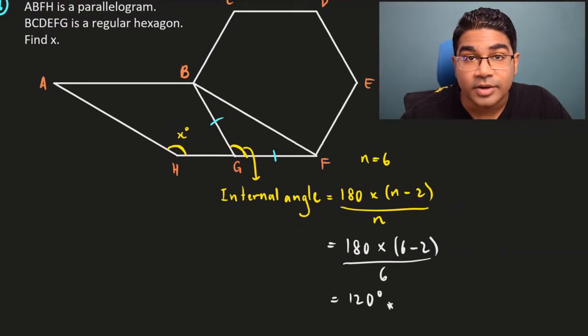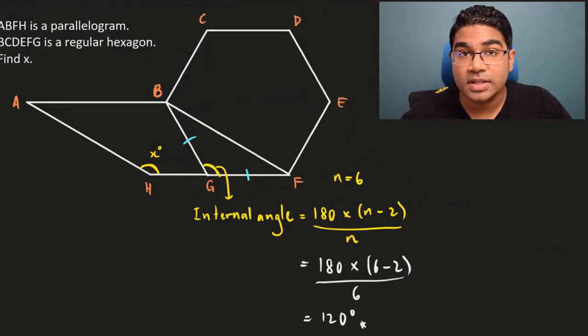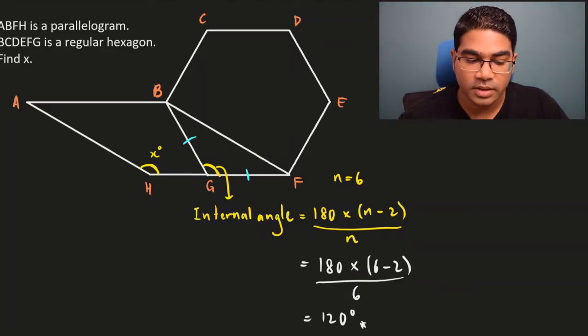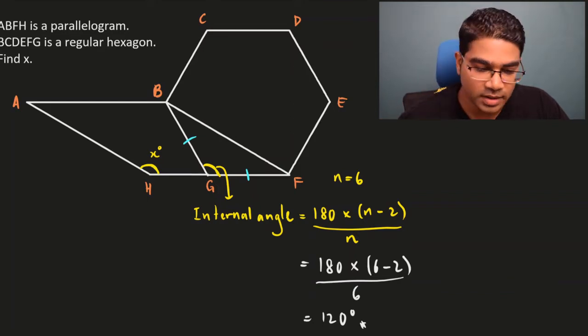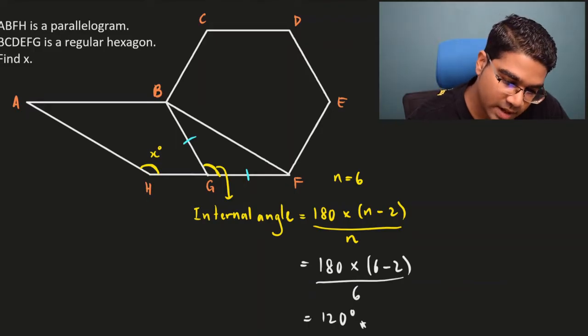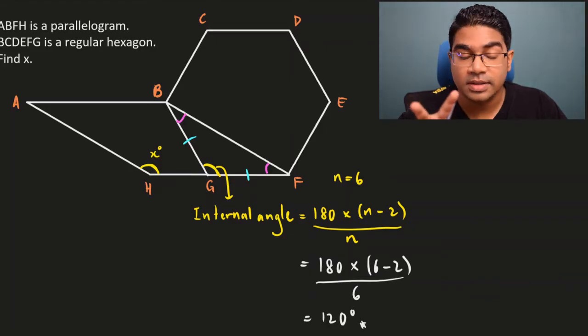Since this angle is 120 degrees and we have an isosceles triangle, this is another thing that we need to look for whenever we have regular polygons and you have a triangle. You have to realize that it is an isosceles triangle. If two sides are the same, this also means that these angles are the same. For an isosceles triangle, the two angles are the same.